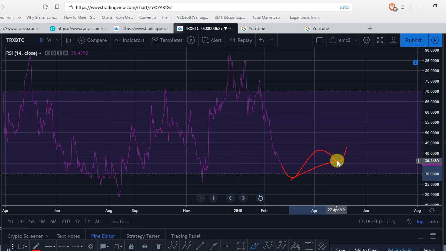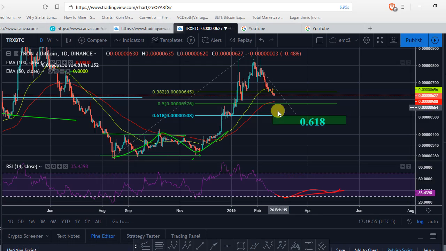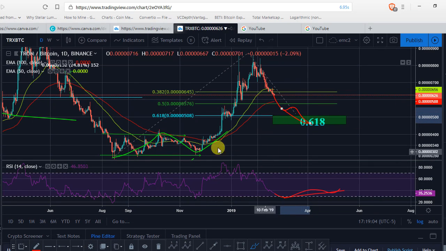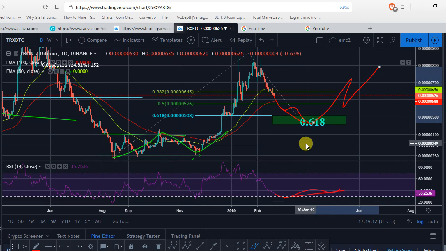Make a divergence, and then you go back to the price action, price is going to keep coming down, and then make this type of formation, right? So if we ever get this type of formation, it is going to be a good signal that Tron may be reversing to the upside. So that's what I'm looking for on the RSI.